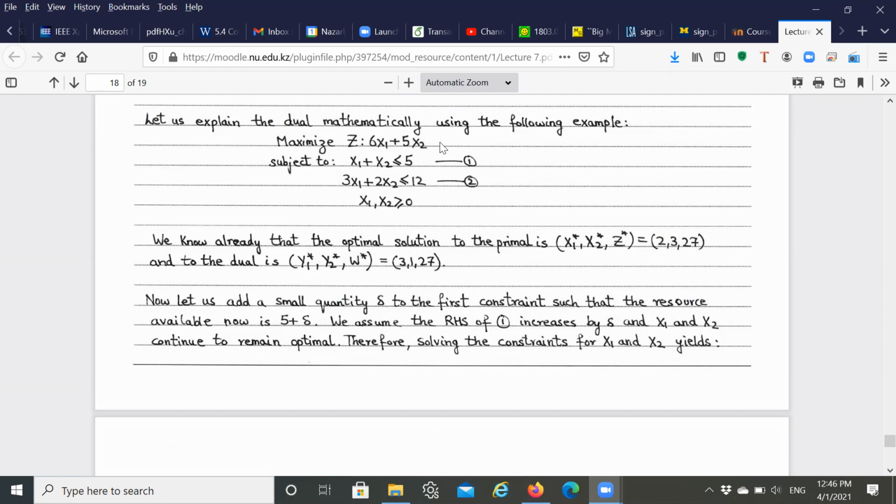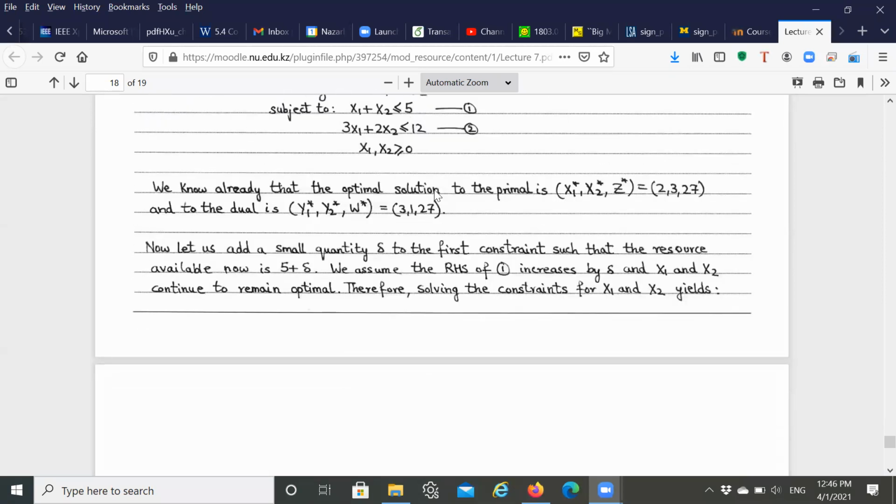If I increase 5 by some small value delta, it tells me that by increasing this by delta, the additional number of products that I can produce is 3.